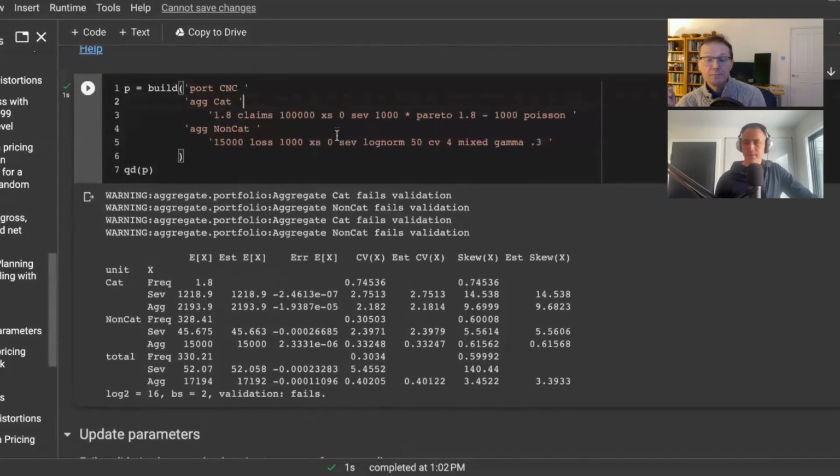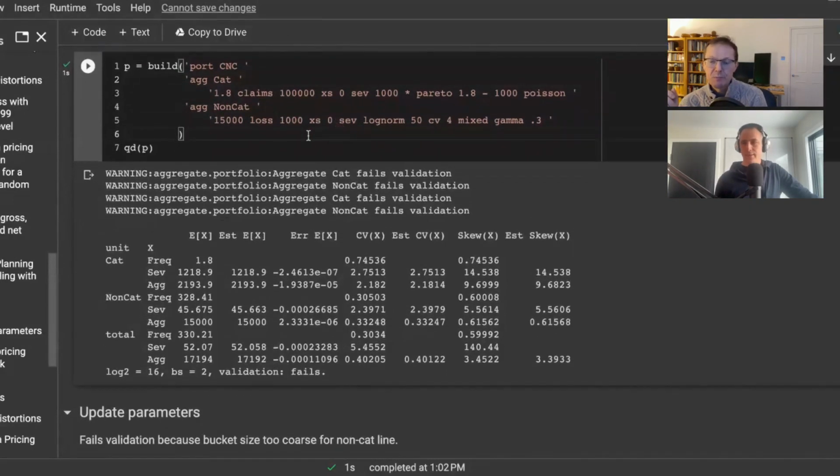So this is in fact, I guess the terminology you're using here suggests to me this is actually two portfolios, a cat and a non-cat portfolio. Yeah, I call them units. John and I struggled when we were writing the book. What should we call them, because is it geography, line of business, business unit, what is it?